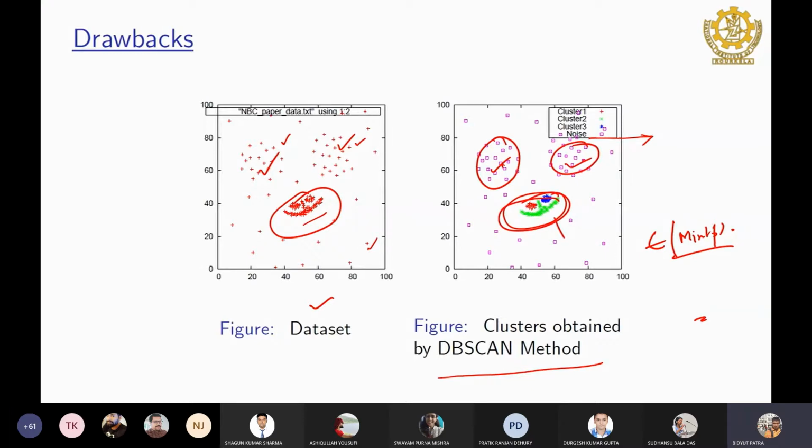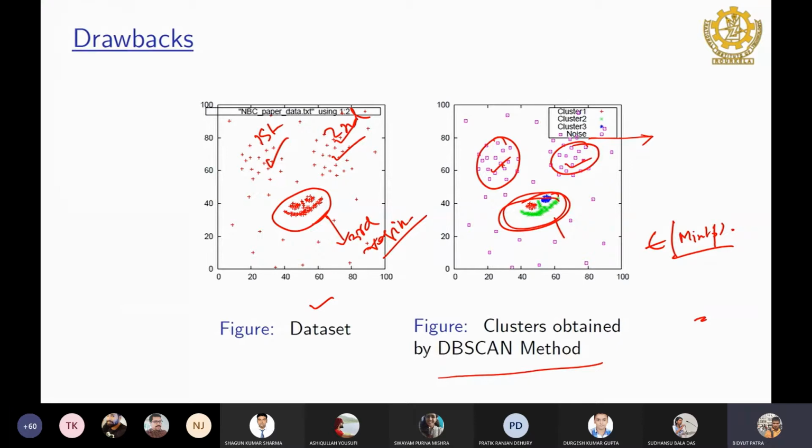Why is this happening? Because as you can see from the data set, look at the density of this region, and the density of this region, and the density of this region. Here density varies heavily compared to the third region, and it varies heavily compared to the first and second regions.